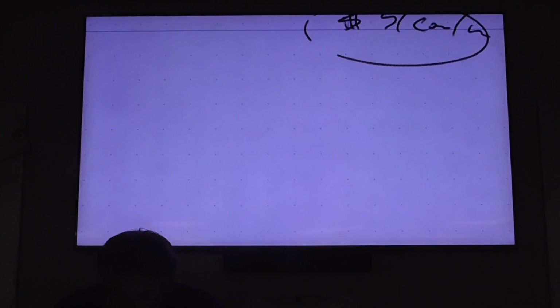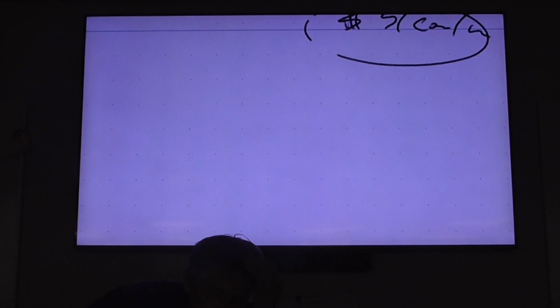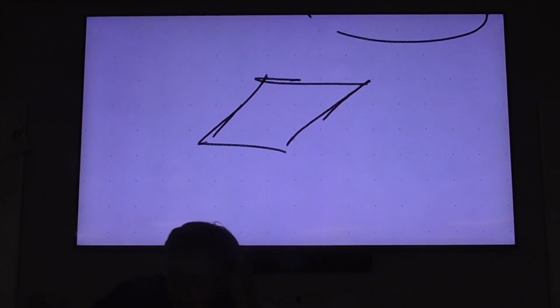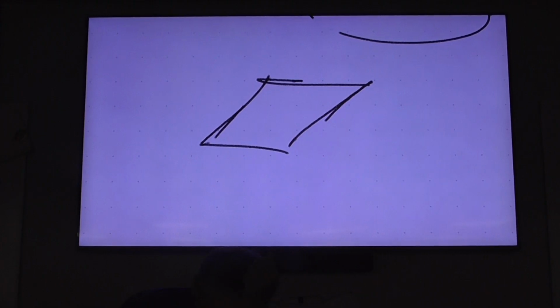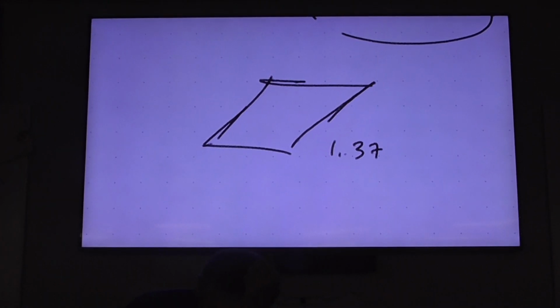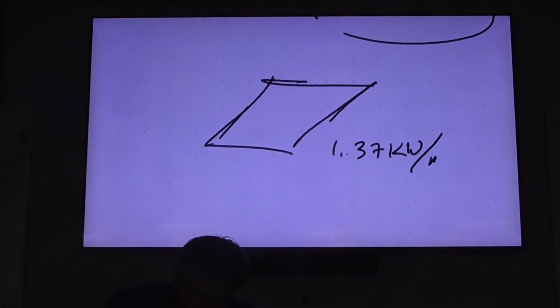So when you get to, what question was that? 47. Okay. So if you look on 47, what we're saying on 47 is that if you go outside and you have 1 square meter, visualize about 1 square meter, that's receiving 1.37 kilowatts per square meter.